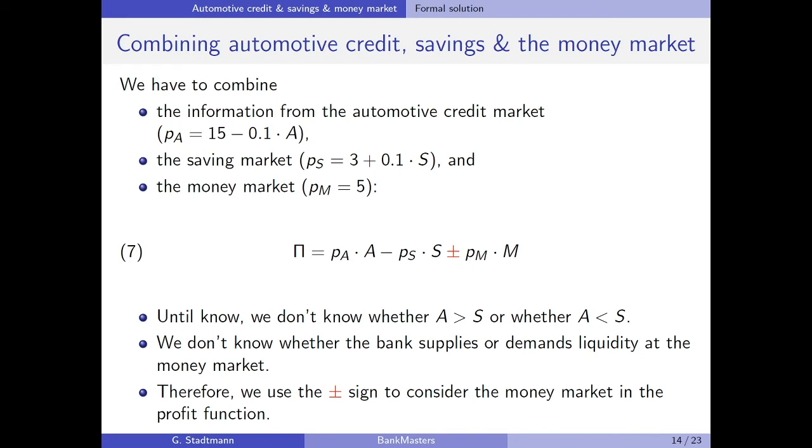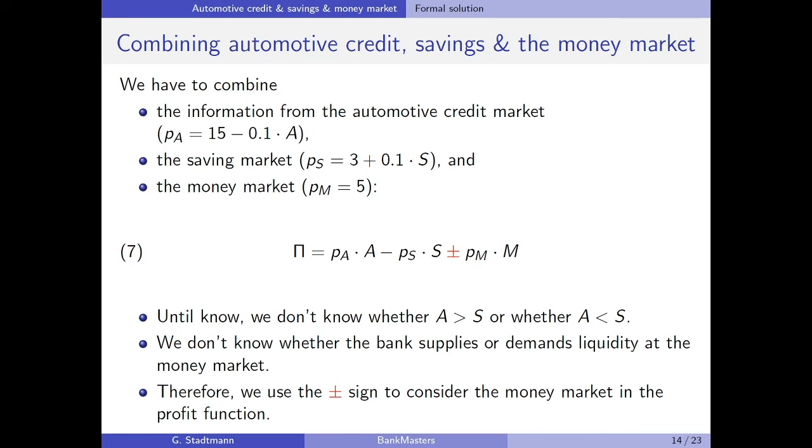Depending on the situation that the bank faces, whether it needs liquidity or not, the right hand side, PM times M, is going to be added or subtracted from the profit function.